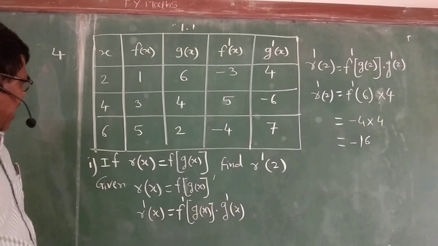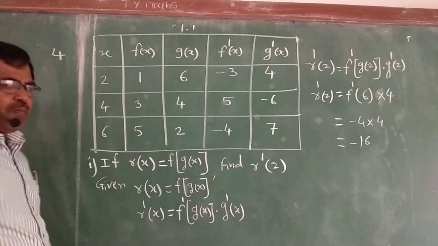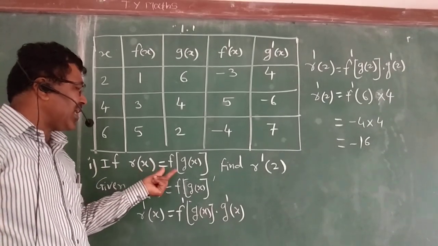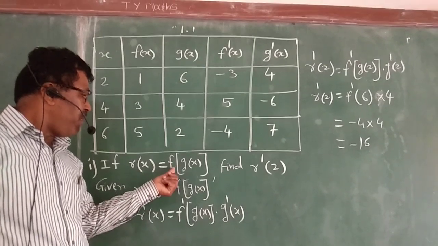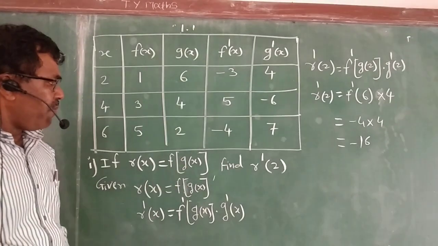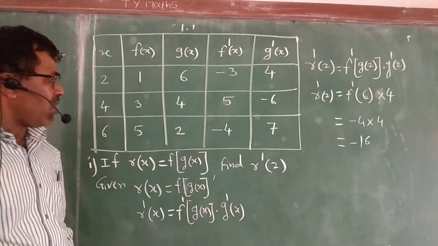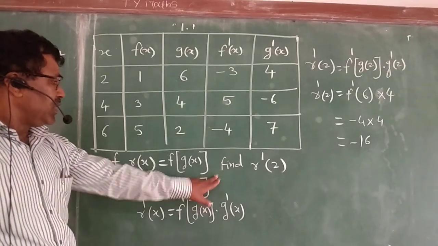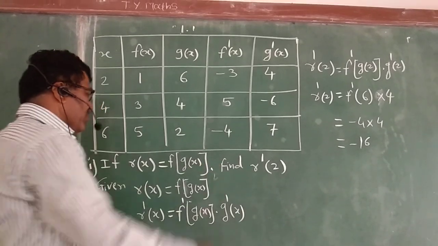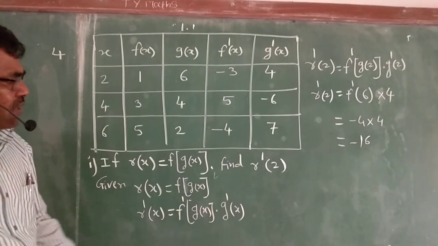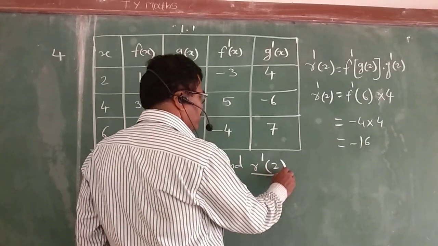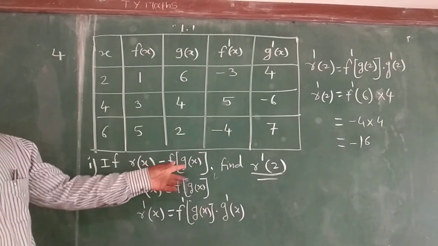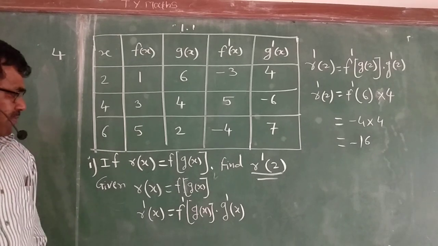Student, example number first. If r of x equal to f of g of x, find r dash of 2. See, we have to find r dash of 2. R is a composite function of f and g.